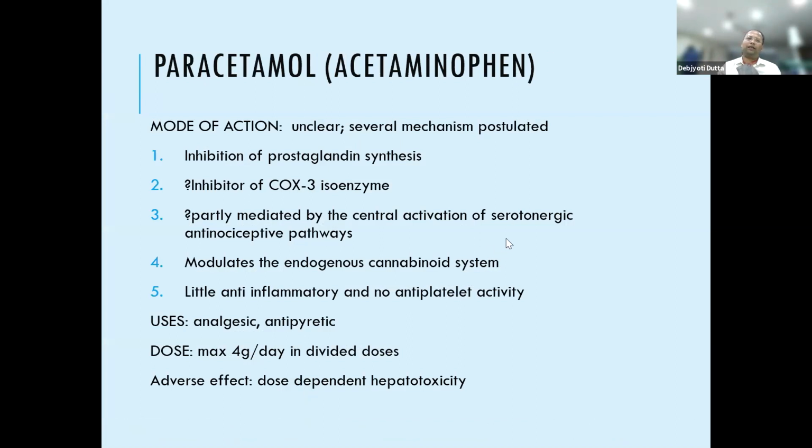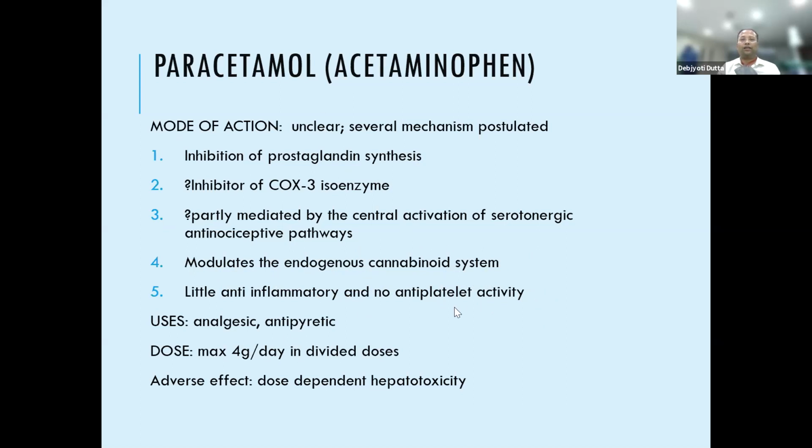Paracetamol, as I said, after so many hundreds of years of use, we don't know where it works, but it is still considered inhibition of the COX-3 isoenzyme in the brain only, which also ultimately causes inhibition of prostaglandin synthesis. There are many others, like modulating the endogenous cannabinoid system. These are modulation parts, so it is a combination of different actions.